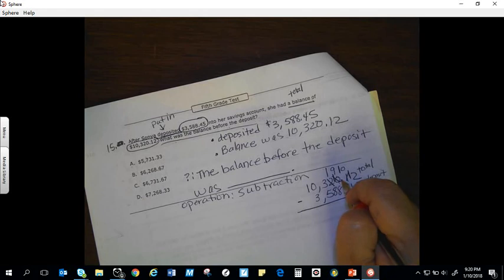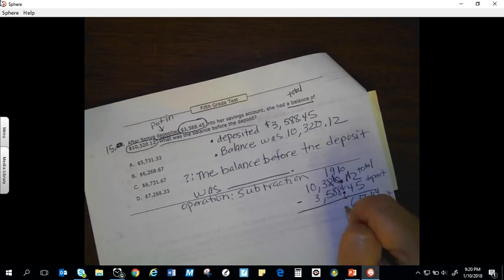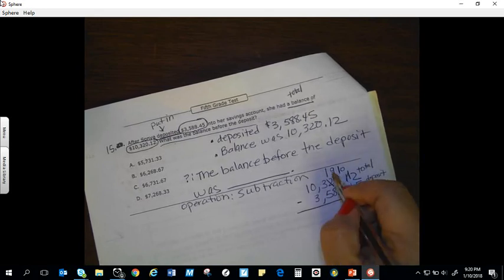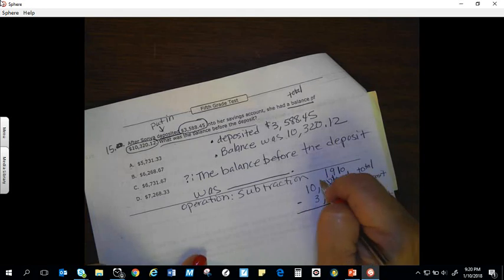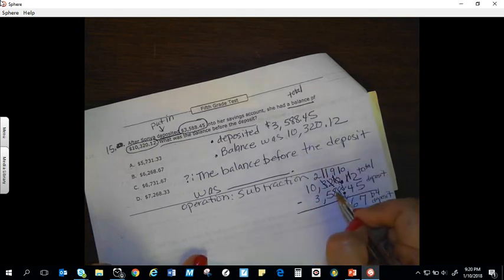You see my decimals? I had to line up my decimals. And I'm going to bring this straight down. 9 minus 8 is 1. Can't take 8 out of 1, so I'm going to regroup and bring that over. So I have 11 minus 8 is 3.